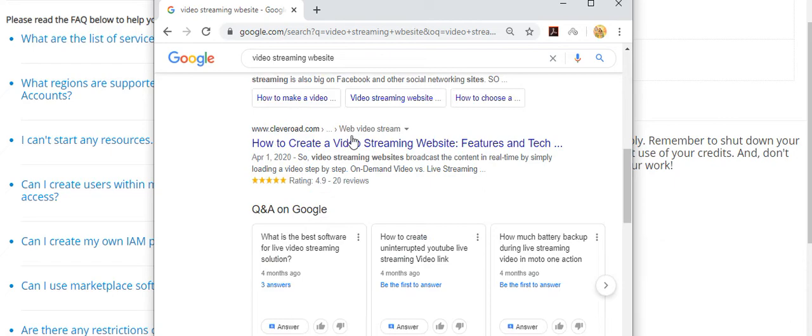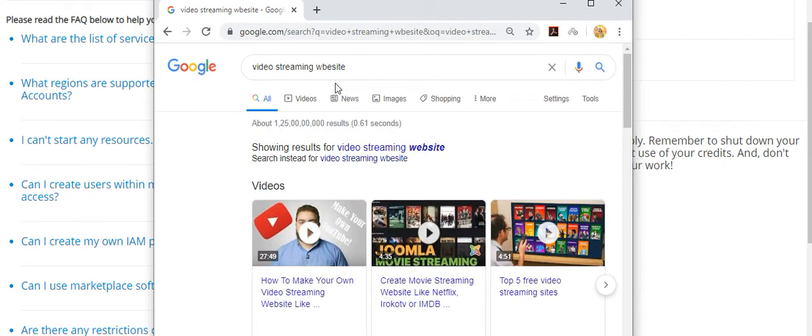There are different types of organizations that provide video streaming services. From your understanding, if you get any video streaming website, you can cross check it to understand what its requirements could be, and what kind of information we can have about that particular organization.